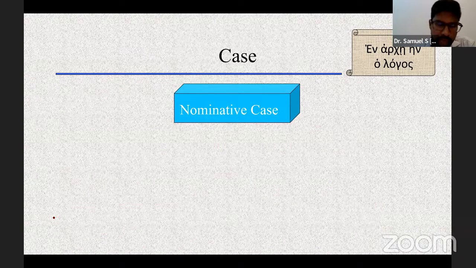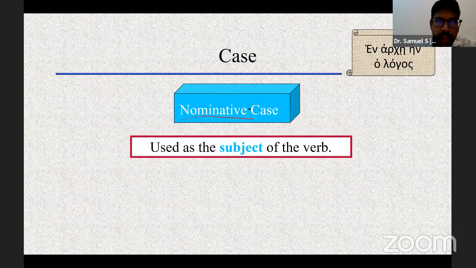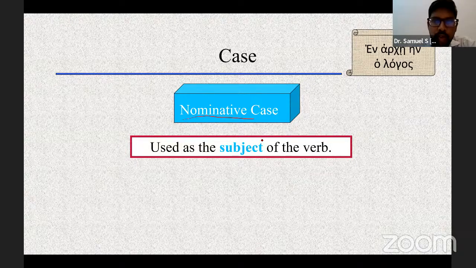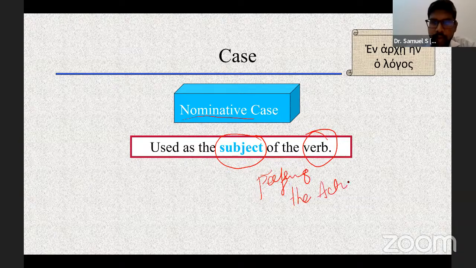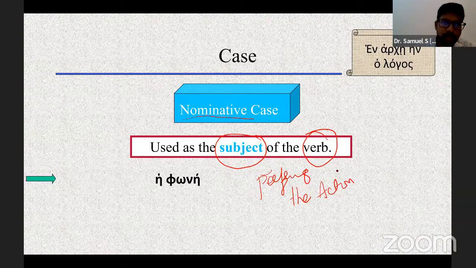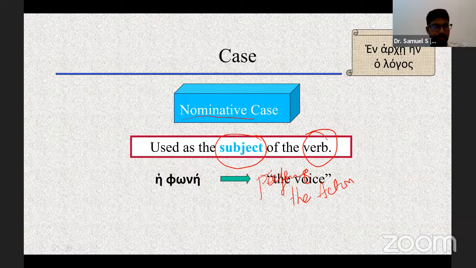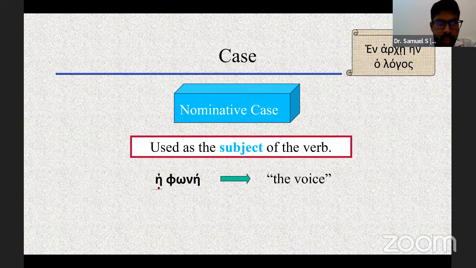The nominative case. What is the nominative case? The nominative case denotes that the noun is functioning as the subject of the verb, meaning it is performing the action. Do I make this clear? So you see here, he phone.